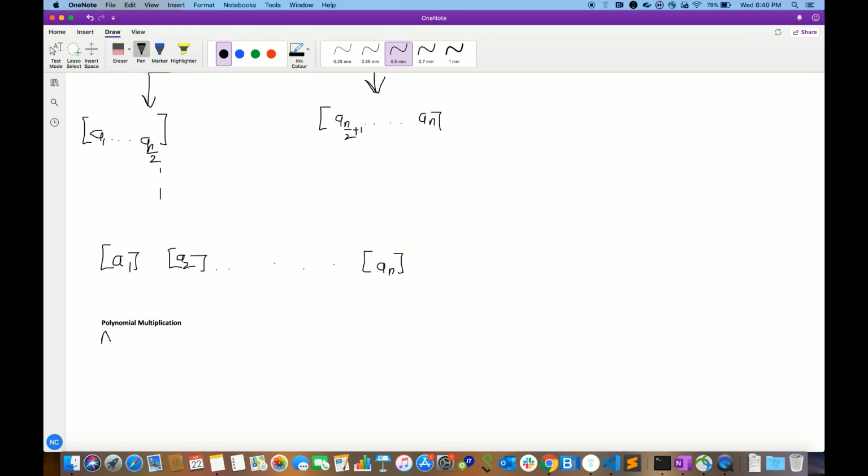Given an equation A of x, it looks something like 3x squared plus 2x plus 5.